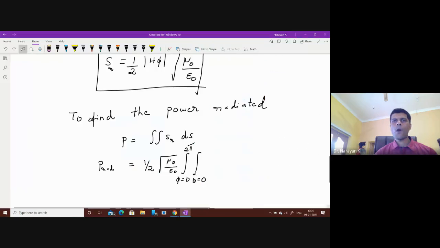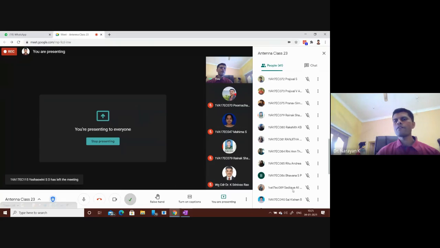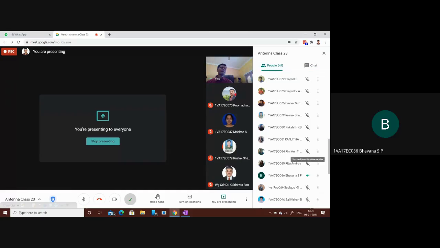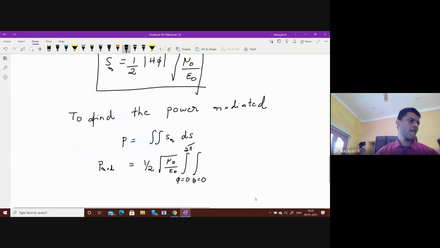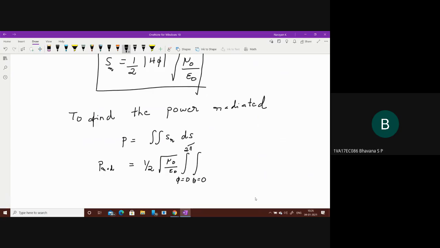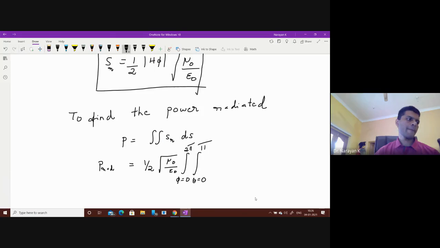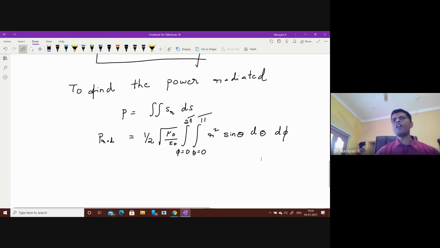Theta limits, 0 to pi. Excellent. Then ds will be r square sine theta d theta d phi. Agreed? All of you agree till here? Yes, sir.